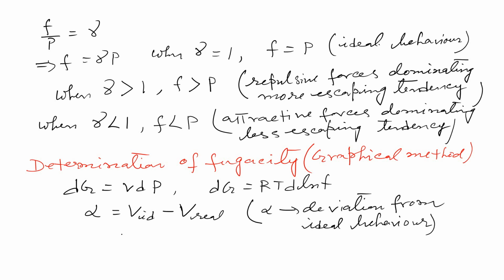Now, for an ideal gas, what do we know? PV is equal to RT for 1 mole, so V is equal to RT by P. We have seen that alpha is equal to V ideal minus V real.